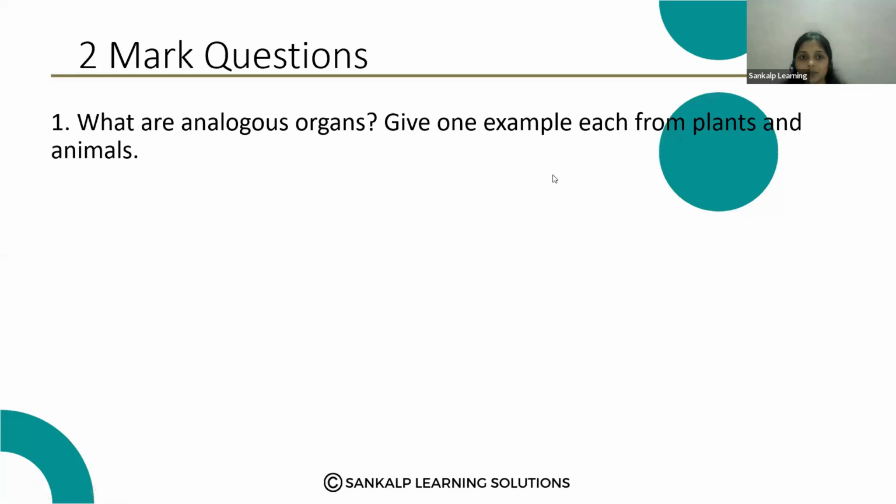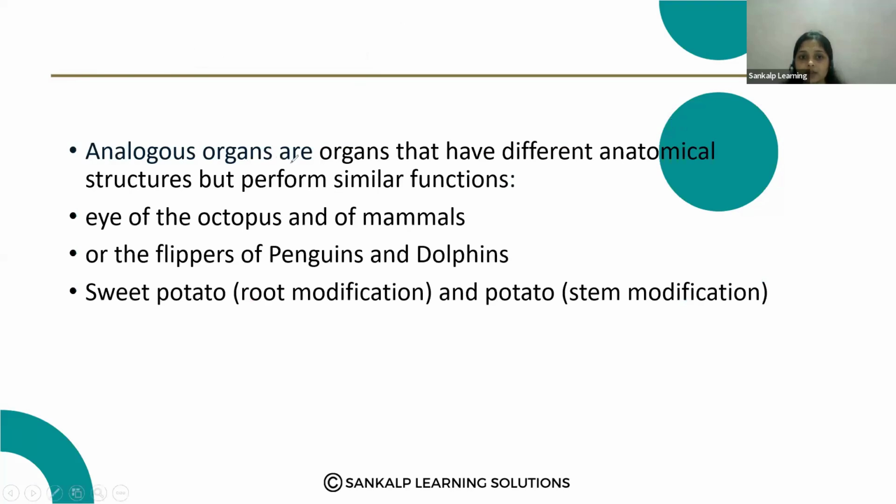First question. What are analogous organs? Give an example each from plants and animals. So you should write the definition of analogous organs. Analogous organs are the organs that have different anatomical structures but perform similar functions.